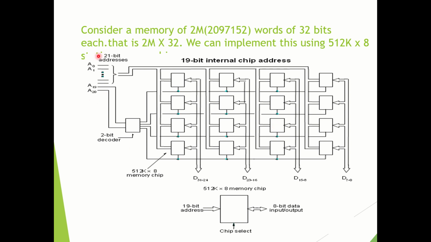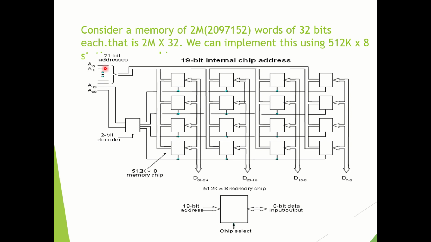But there is a particular style. Among the 21 address lines, the higher order 2 lines are needed to specify a particular row of chips. Since each chip has a capacity of 512 kilobytes, only 19 bits are needed to specify a row in each chip.